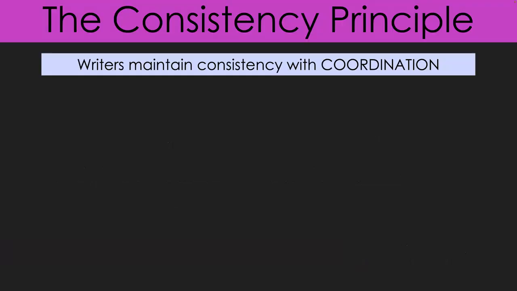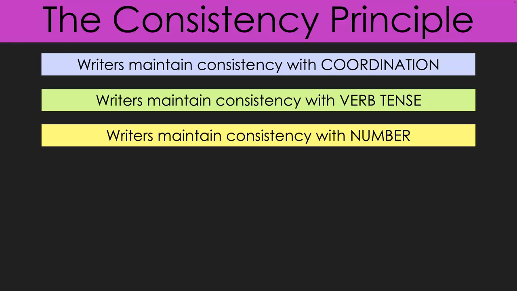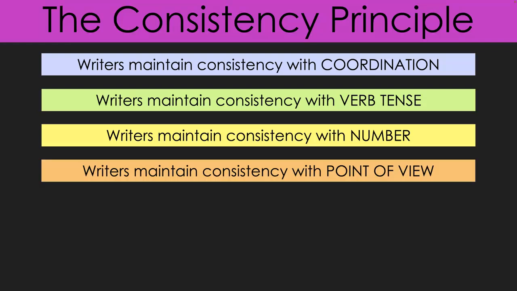So what are those principles? The first one is that writers maintain consistency when they work on coordination. We'll talk more about that in a second. Writers maintain consistency with verb tense, and with number, and that's really about the relationship between nouns and verbs and pronouns and other nouns. Writers maintain consistency with point of view, like maintaining first person, second person, or third person.